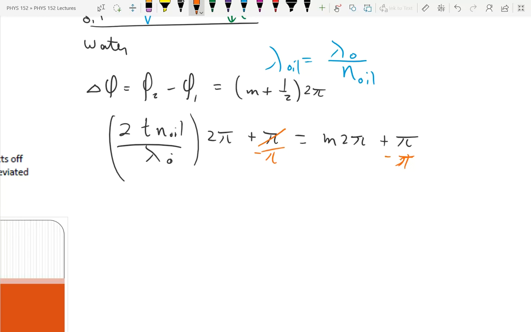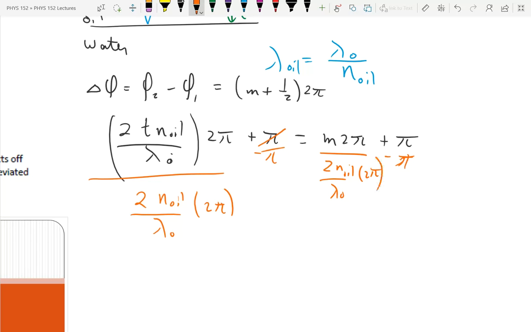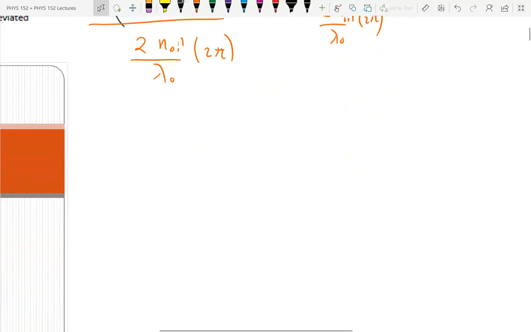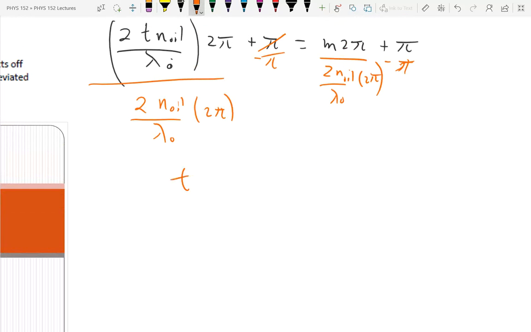And then I'm going to divide everything by 2 n oil over lambda naught times 2 pi. And I end up with thickness equals m lambda 0 over 2 n oil.